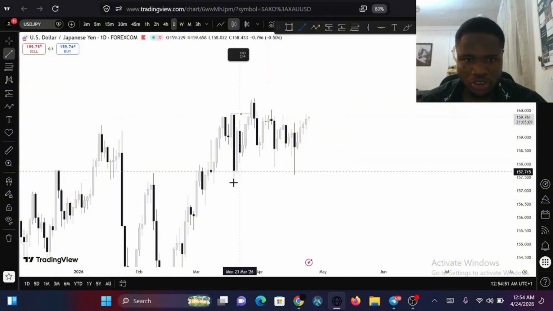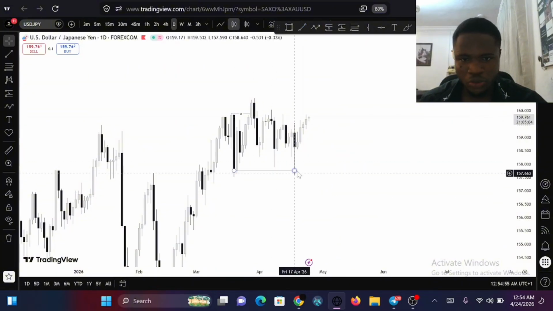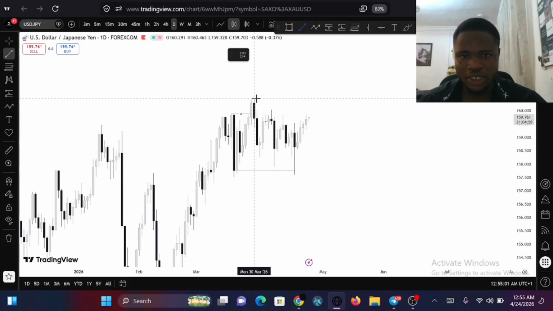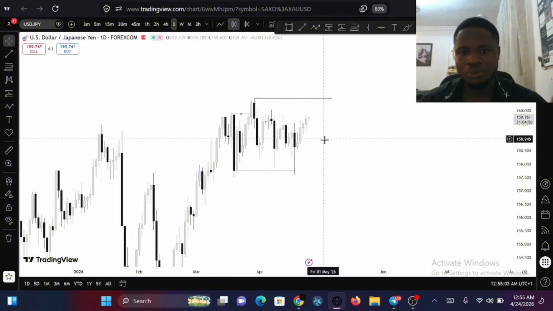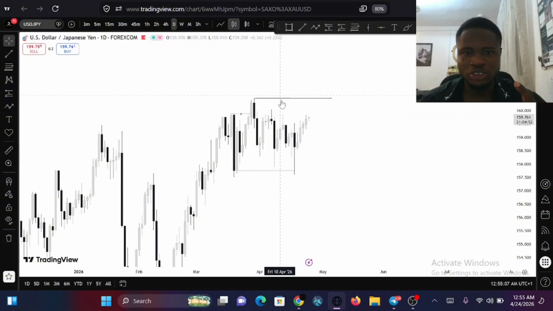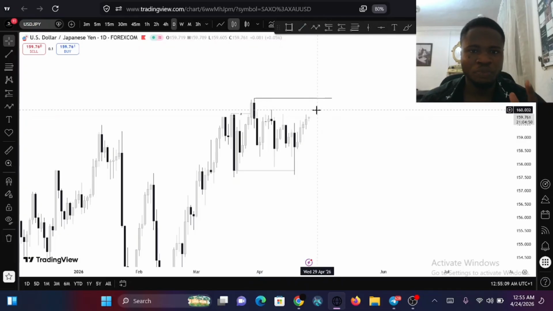Price came all the way to this key level, a support zone, and you can see price pushing up. So I expect price to take out this swing high, because in a bullish market we expect price to keep on creating new highs.